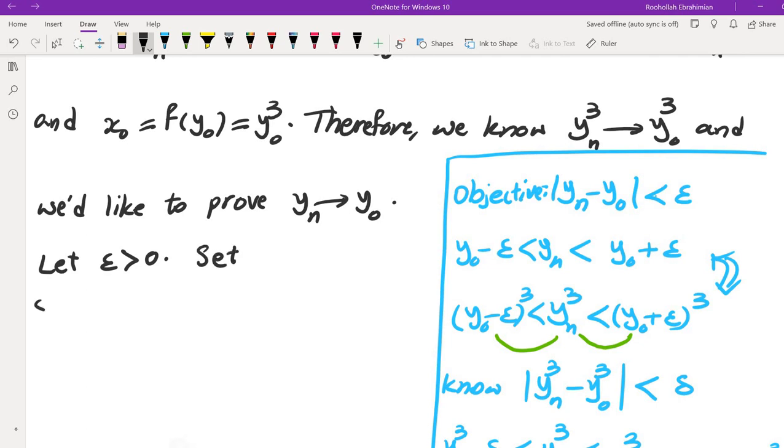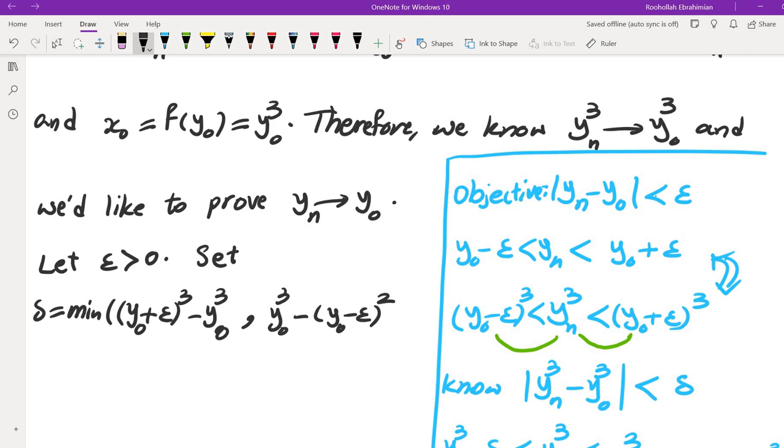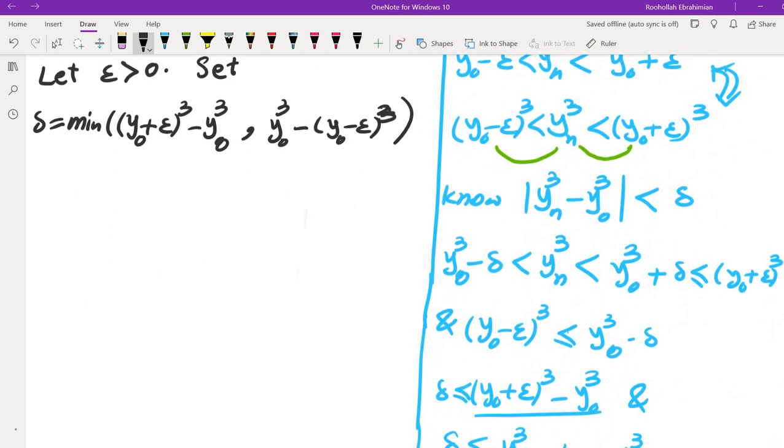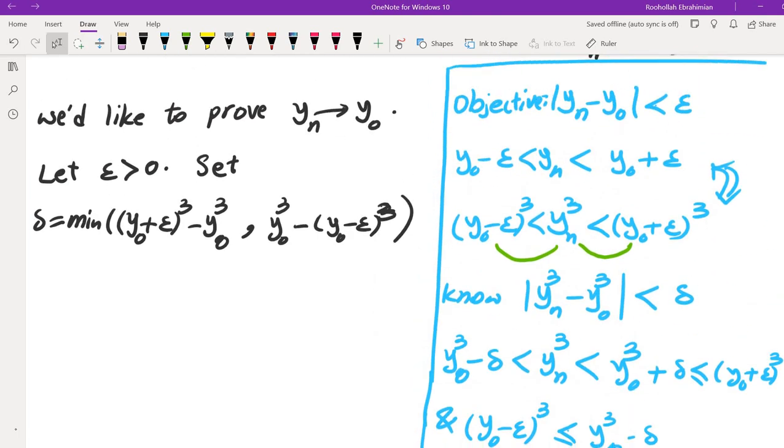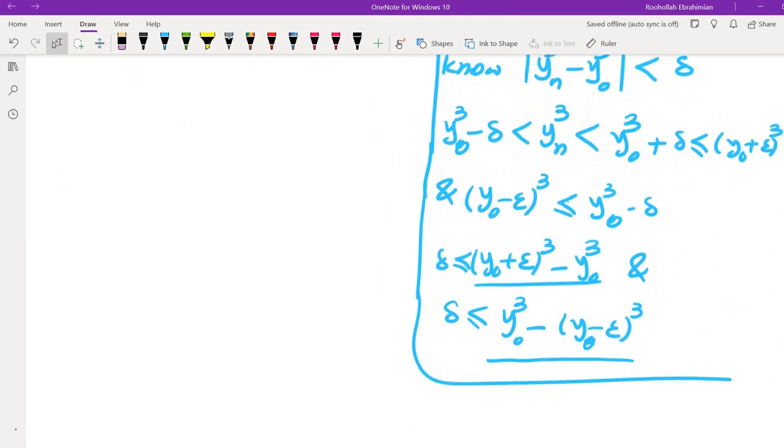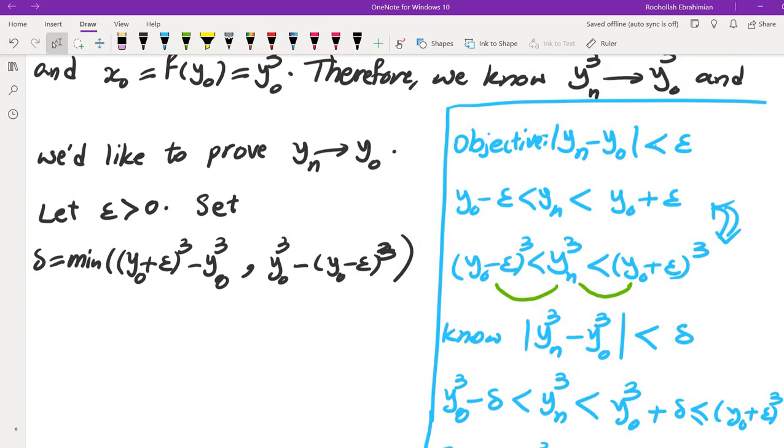Set delta to be the minimum of (y0 + epsilon)^3 - y0^3 and y0^3 - (y0 - epsilon)^3. This is what I had down here.